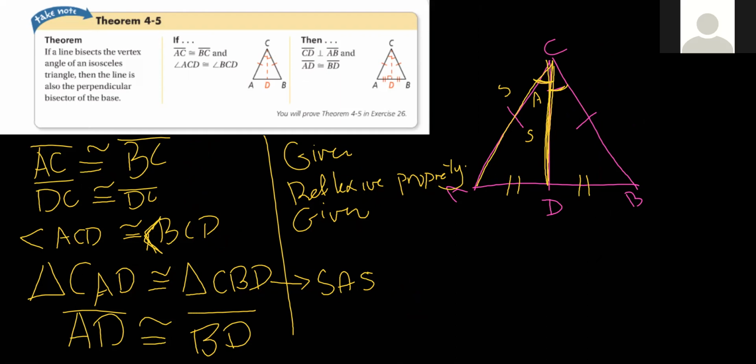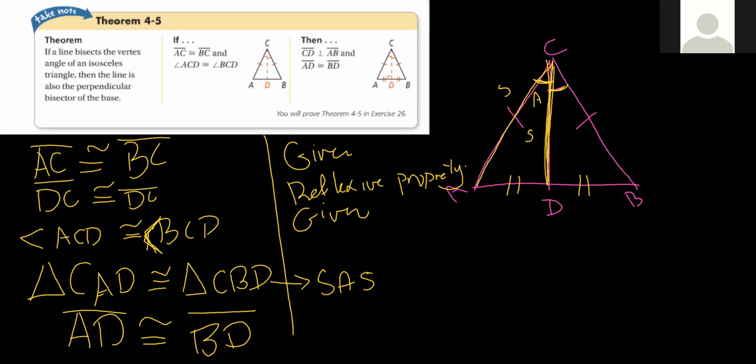How? The first thing I proved is that AD is congruent with BD. I want you now to tell me how can I prove that CD is perpendicular on AB? Miss, how did you prove AD is congruent to BD, since the two triangles are congruent?